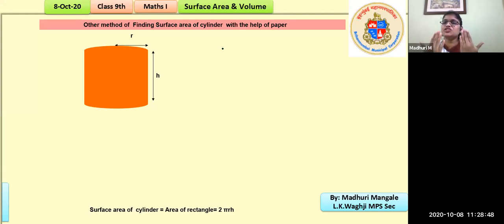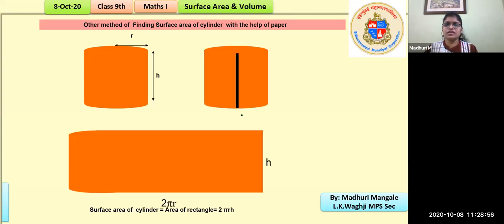What will be the shape that you get? Yes. Let us look at it on the screen. What will be the shape? So you see, if you cut it out on that black line, we get a rectangle. Correct, students? Now, when we open it up, the height will be the width in this case, the height is h. And what will be the complete length? The complete length will be the perimeter of that circle, right?